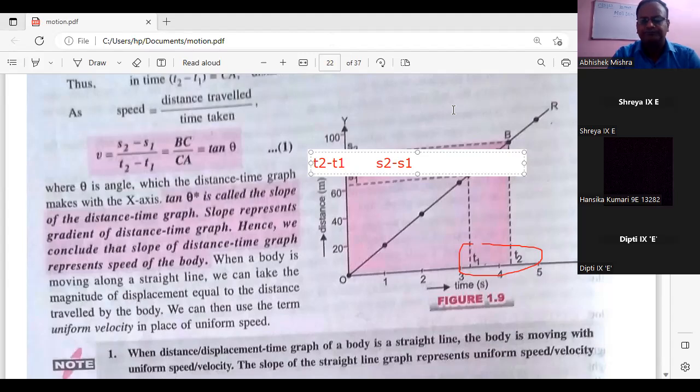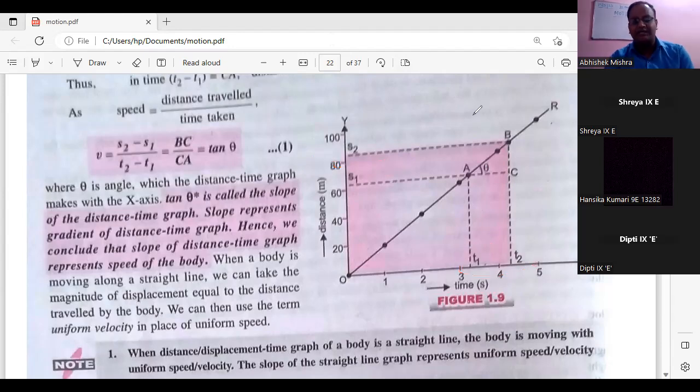T2 minus T1 is the time taken, and S2 minus S1 is the distance traveled. So what we know as the formula of speed is distance traveled by time taken.